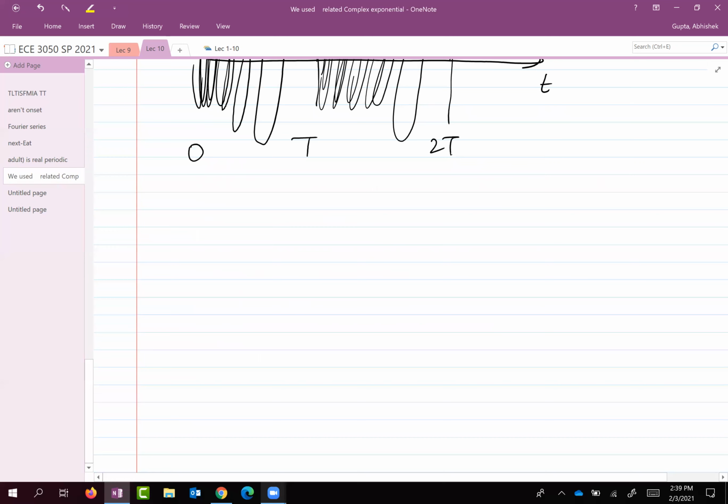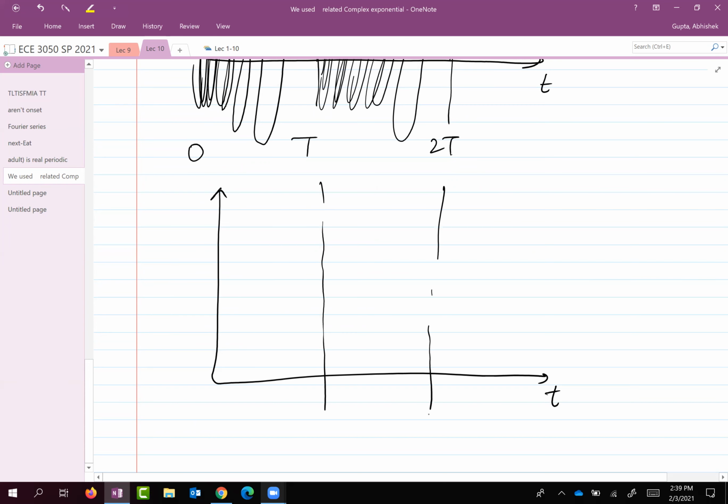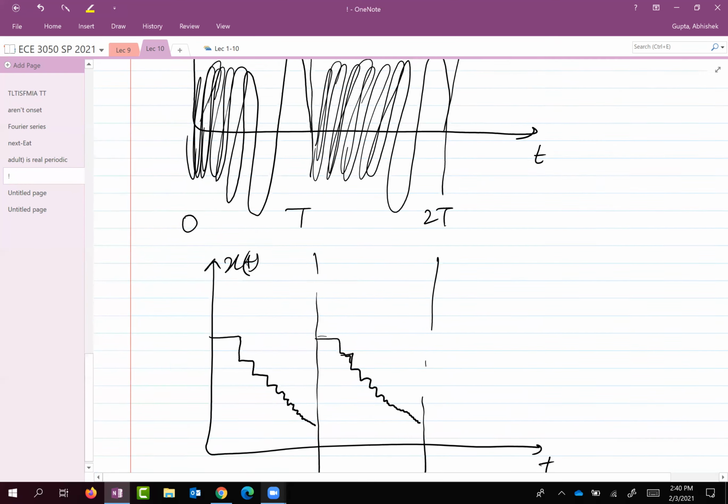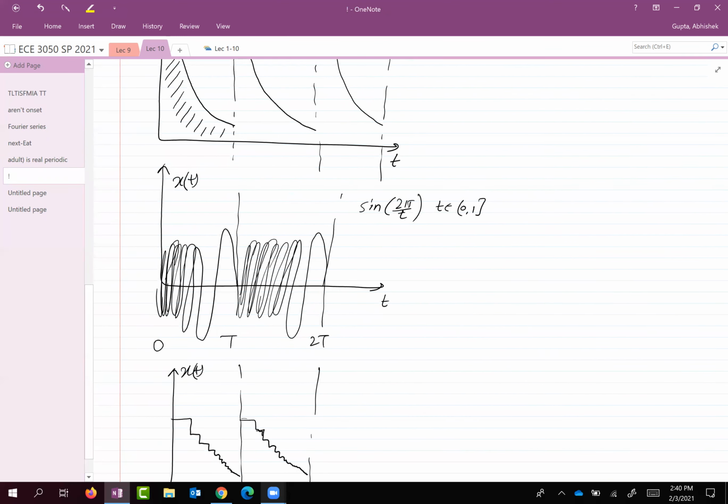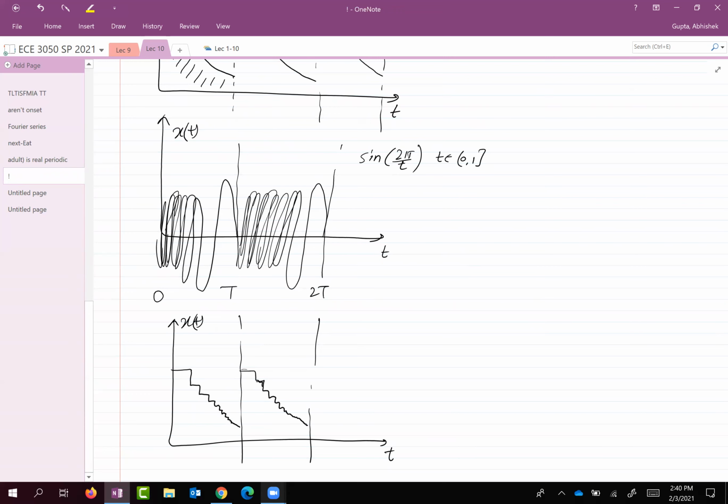And then the third signal, which has an infinite number of discontinuities, actually looks something like this. So it has an infinite number of discontinuities, and therefore you cannot take a Fourier transform for signals like these. As you can see, the cases where you cannot take the Fourier transform are highly pathological periodic signals.